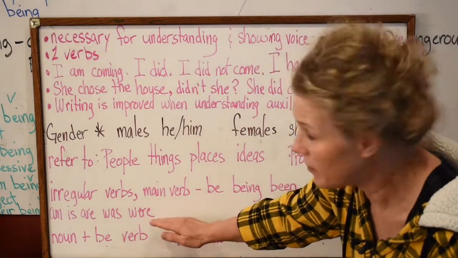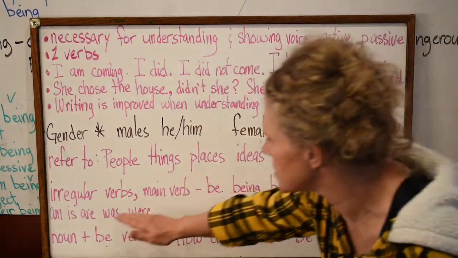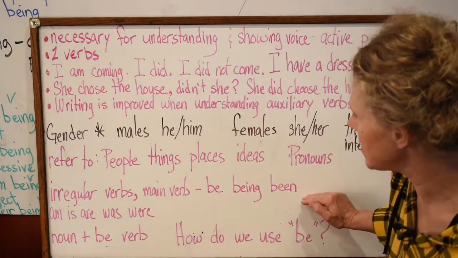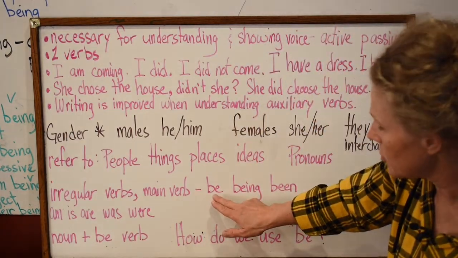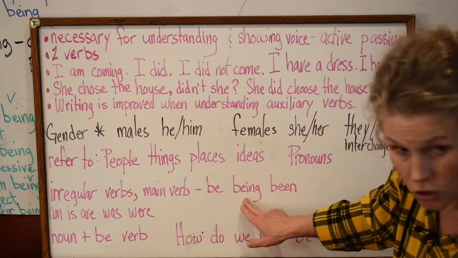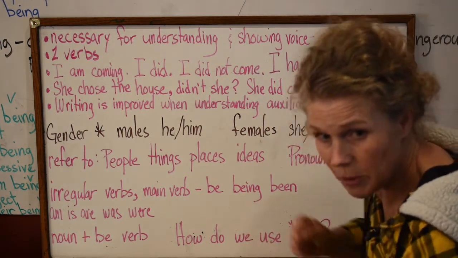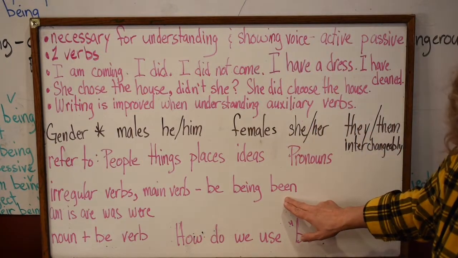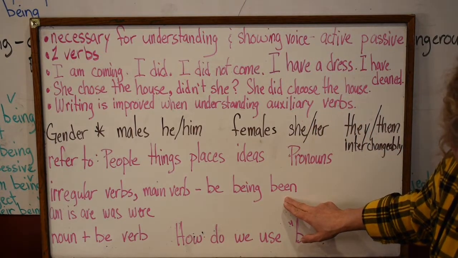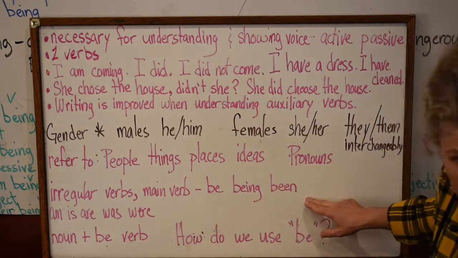All right? Those are your be verbs. Be is your present, being is your ing participle, your progressive participle, and this is what? Your past participle. Does that make sense?